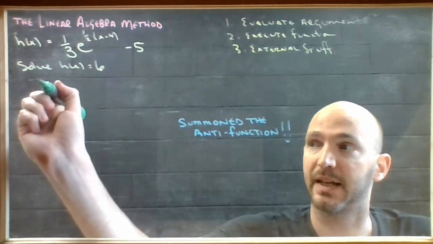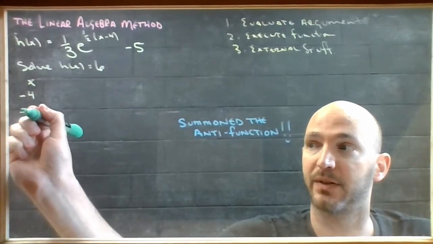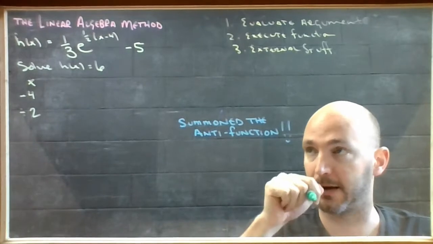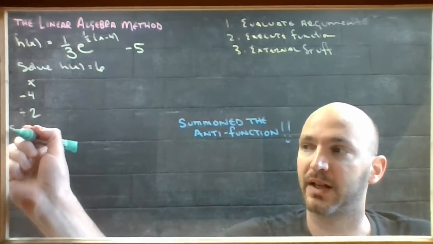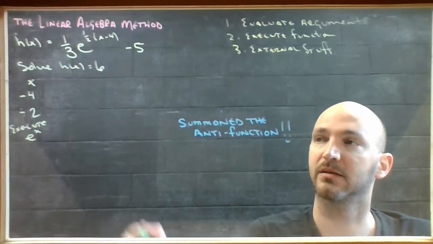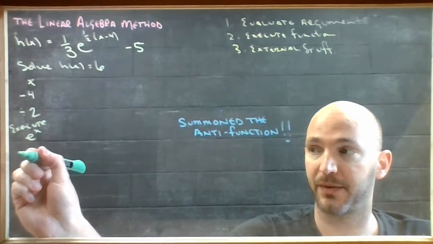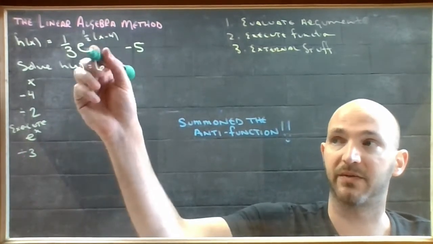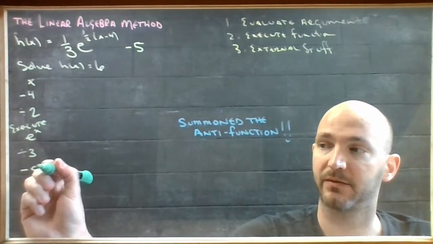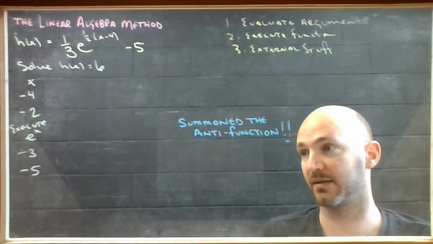So I would have to take the x, and from the x I would have to subtract 4, and then I would have to divide it in 2 because of that 1/2. Then I would have to execute e to the x. Once I'd executed e to the x, I would have to divide by 3. And once I've divided by 3, I have to subtract 5. And allegedly, that will give me 6 as my answer.